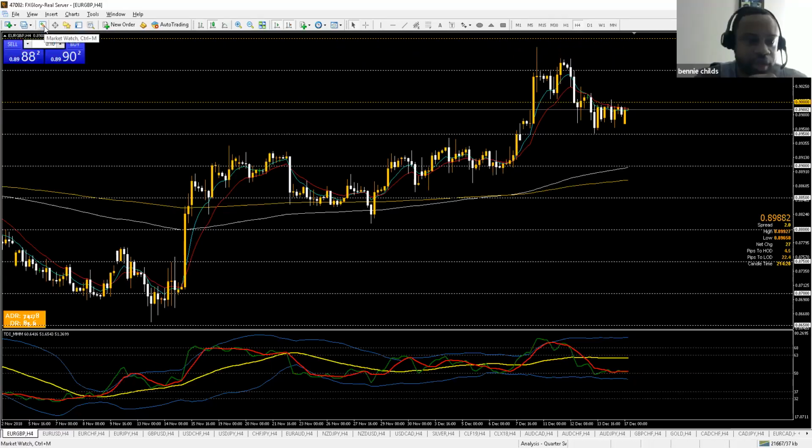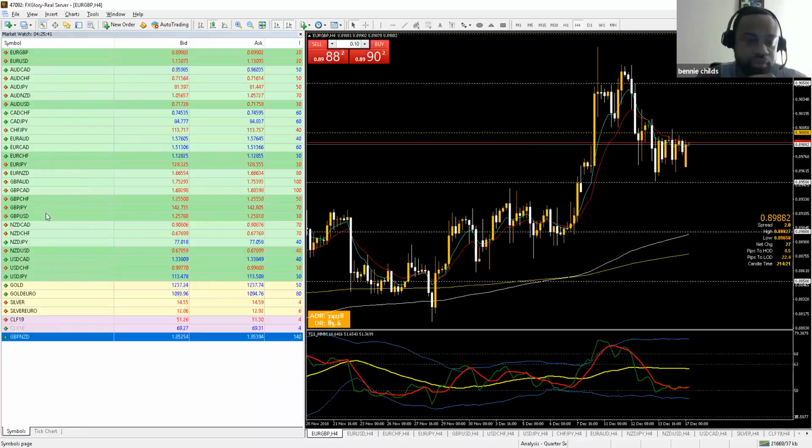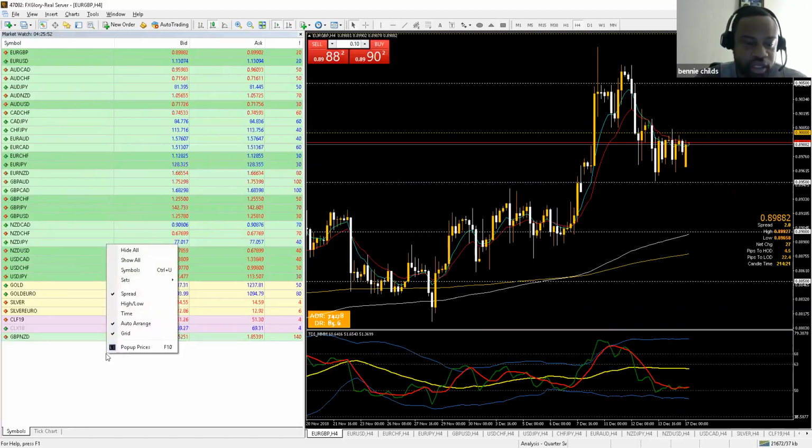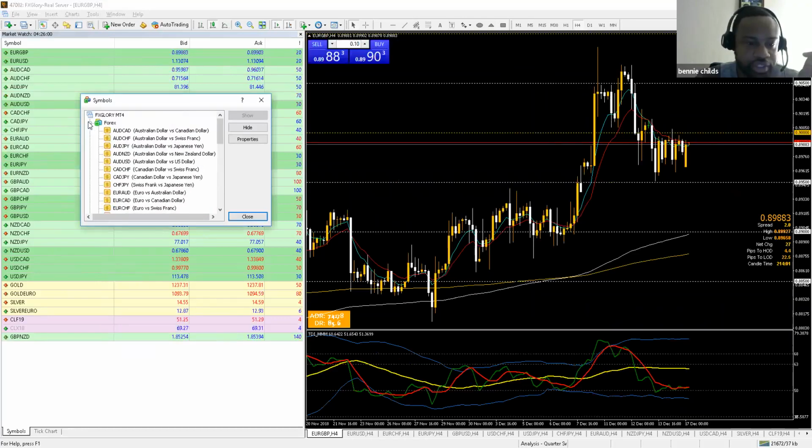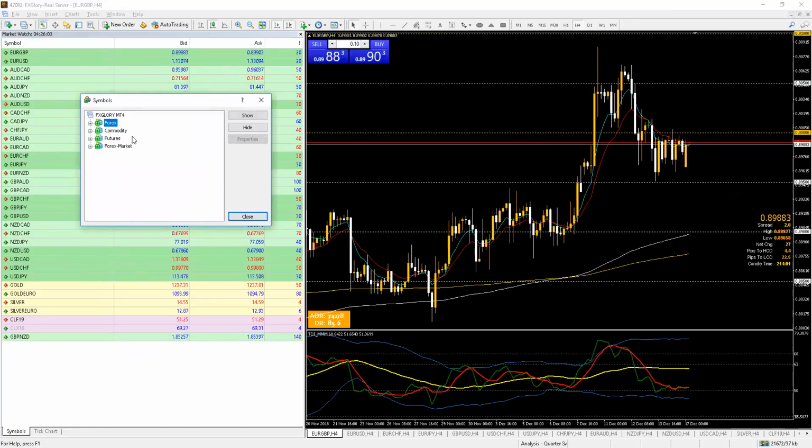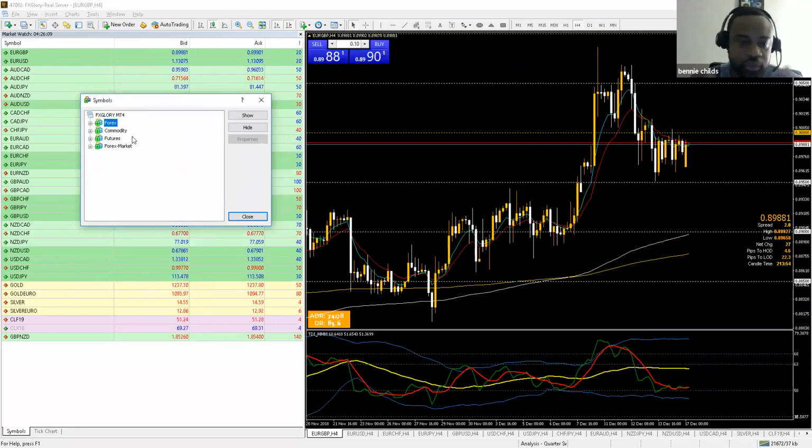So this little button right here is called the Market Watch button. That's the button that you click to pull up your currency pairs. Now you may not see anything, and if you don't, what you're going to do is right click inside that space and select symbols. Once you come into the symbols, this will vary based on the broker that you're with. Right now I'm using FX Glory, the one that I used initially.